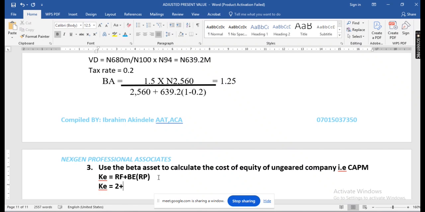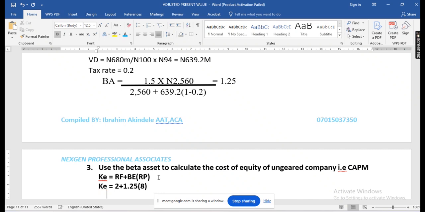Plus BE, you assume your BE to be the asset beta. So we have 1.25. Are you given a premium? 8%. Is it the market premium? Yes, market risk premium.